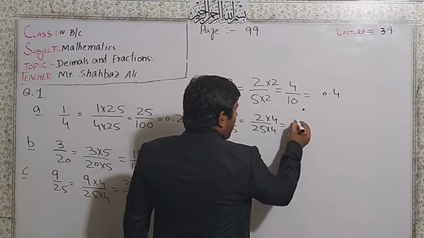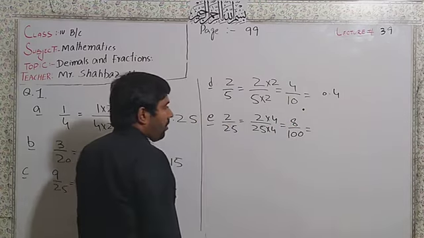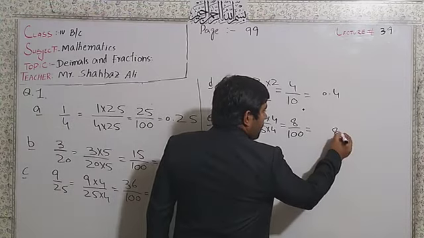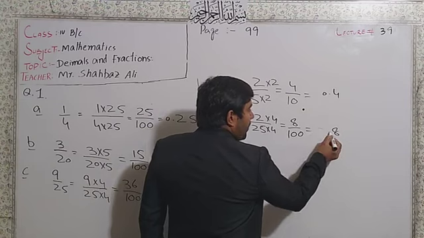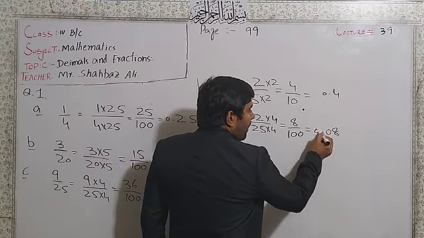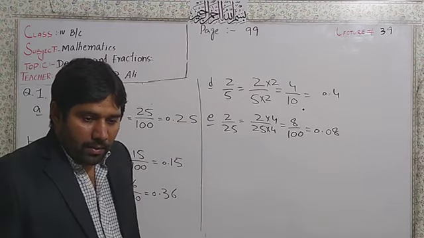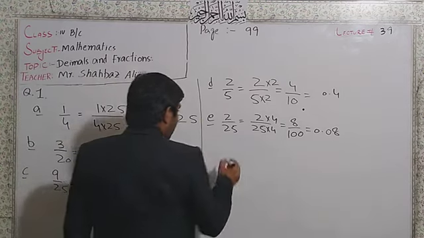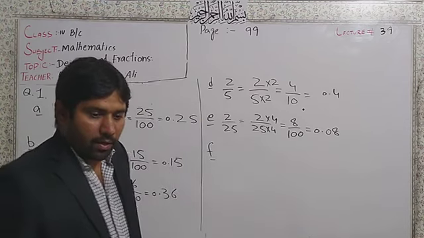So 2 fours are 8 and this is 100. So this is 8. How many 0s? 2 digits, so put 0 and then point and this. This is the answer. Okay. In F you have 8 over 20.